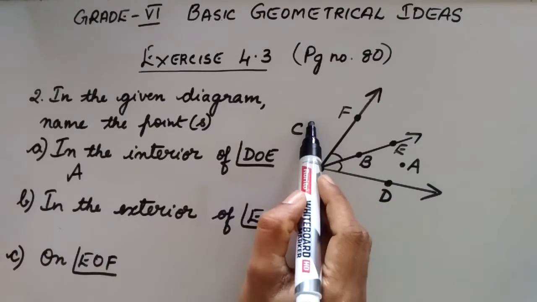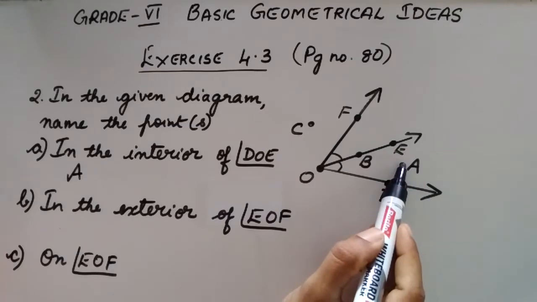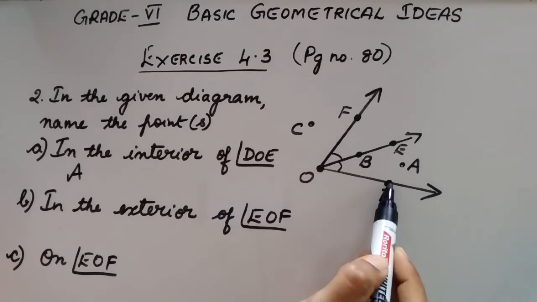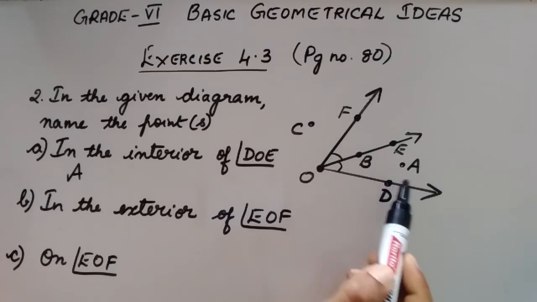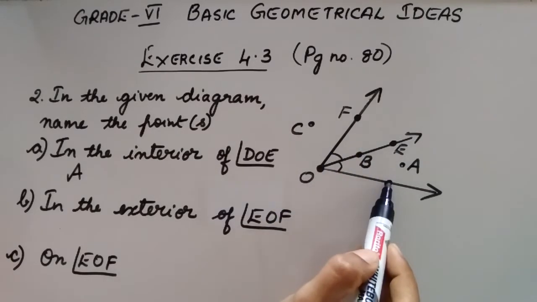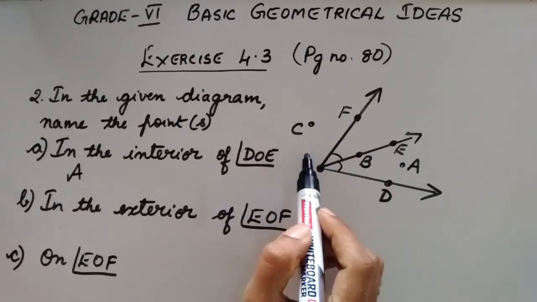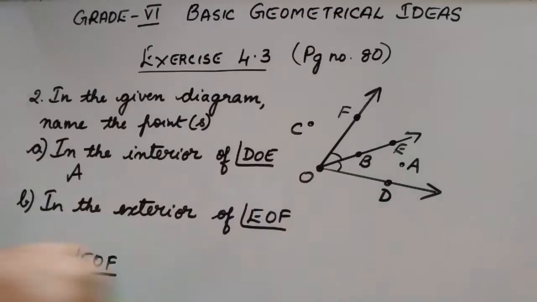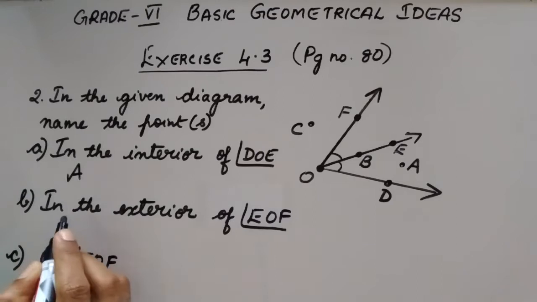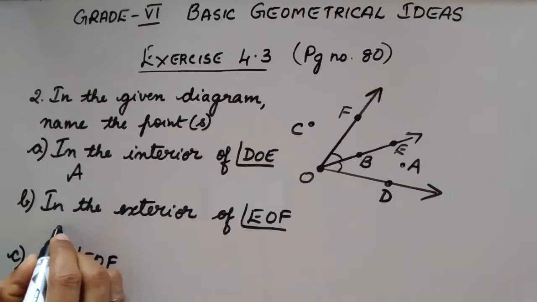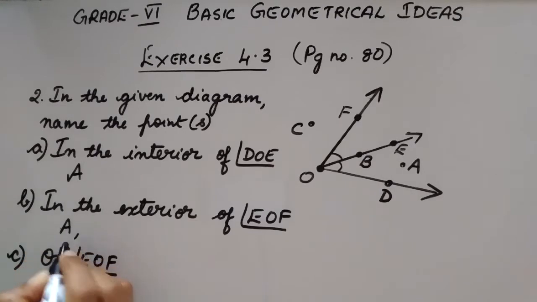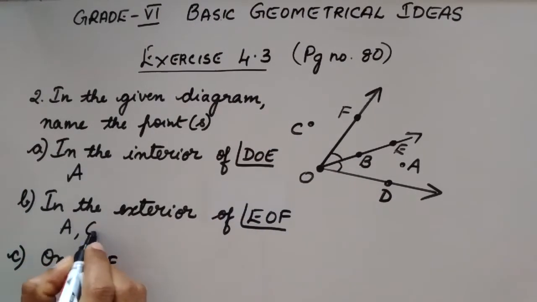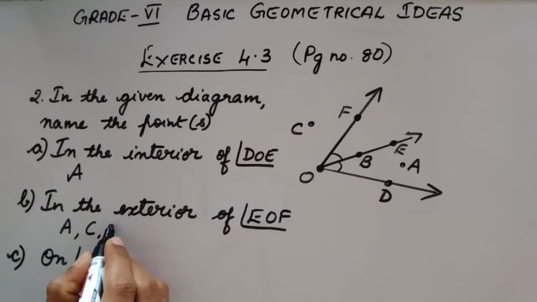We have point C, and then point A, and then point D. So these 3 points lie on the exterior of the angle EOF. So the points are point A, point C, and point D.